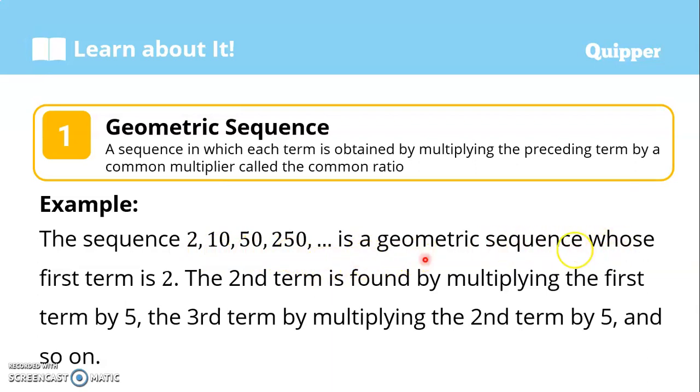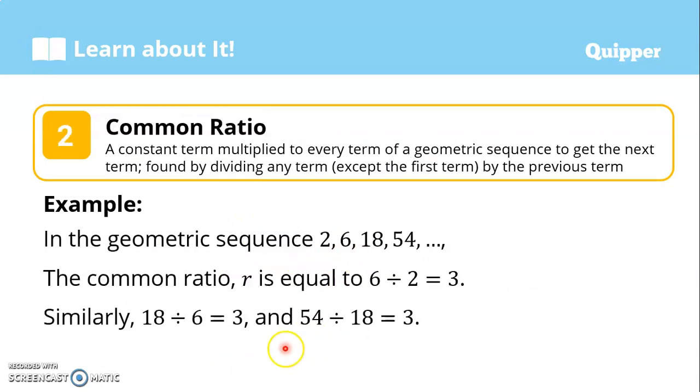It is a geometric sequence whose first term is 2. And the second term is found by multiplying the first term by 5. So that's 2 times 5, and so we have here 10. 10 is the second term. The third term by multiplying the second term by 5, so that's 10 times 5, and we have 50 as our third term, and so on.